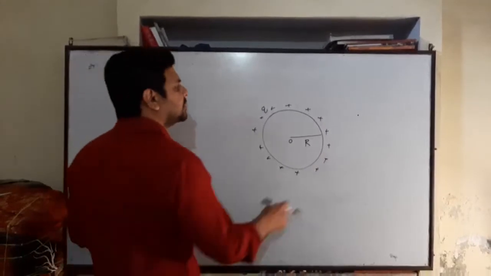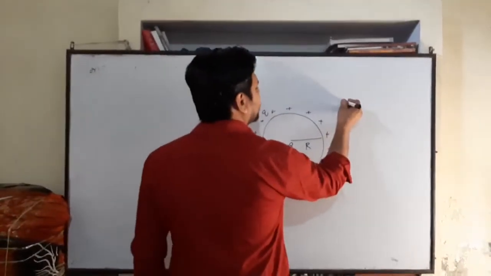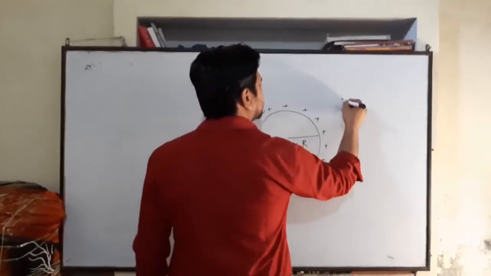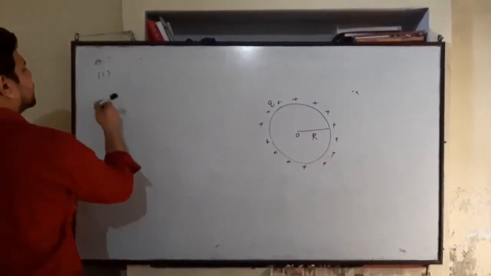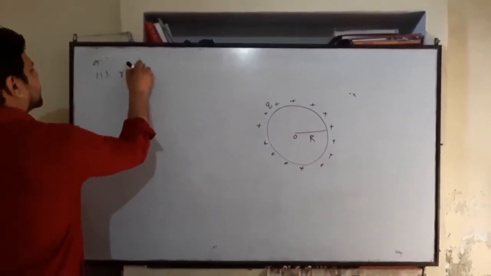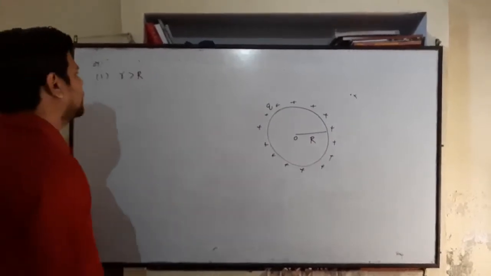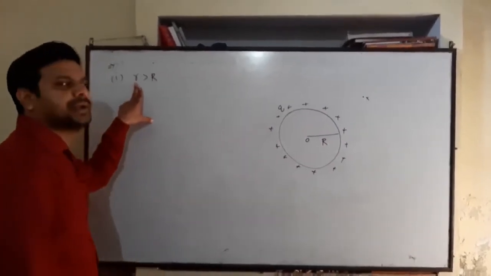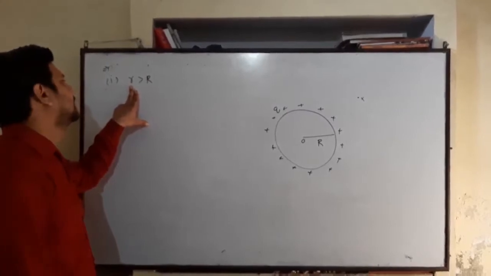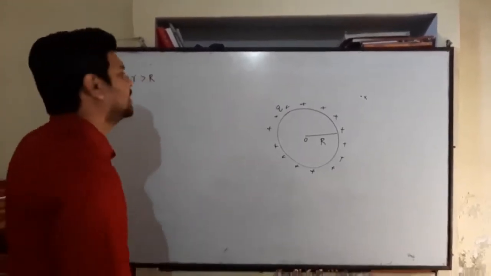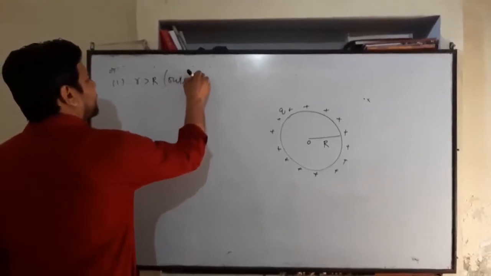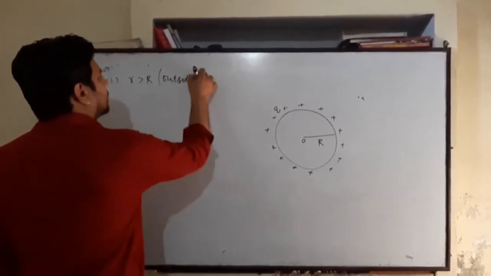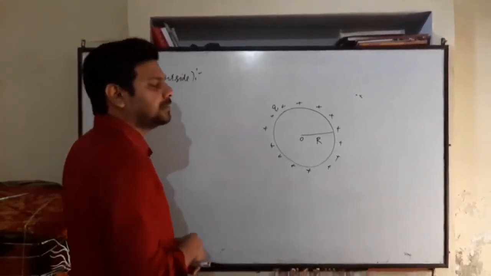First we will take 1 point outside the sphere. So in the first case, when small r is greater than capital R, the observation point lies outside the spherical shell. We will use Gauss theorem.